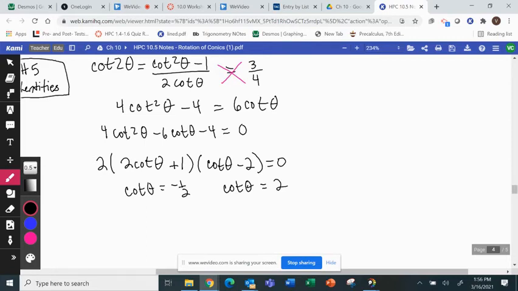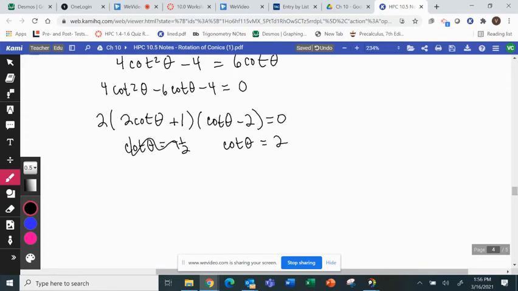Okay. So both of them are used in this answer, but we tend to try to use the one that's in the 1st quadrant if possible, because it's just going to be easier to have positive numbers in the 1st quadrant. So I'm not going to use this one. I'm just going to use this one because I know that's going to give me a possible 1st quadrant answer. So cotangent theta equals 2, or tangent theta is equal to 1/2. So I do inverse tangent 1/2 on my calculator.